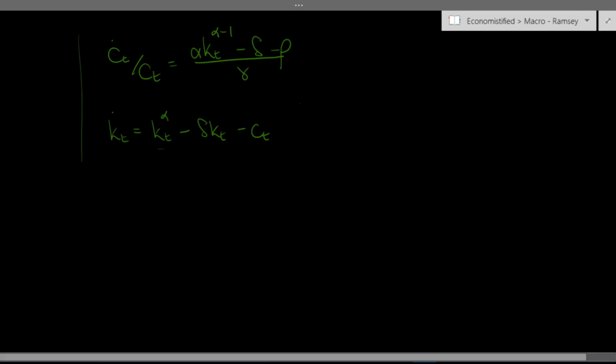So these two differential equations completely describe the dynamics of the model, given an initial condition, K_0, and a terminal condition, which is our transversality condition, which remember looked like this. Where now I've just replaced wealth with the capital stock.